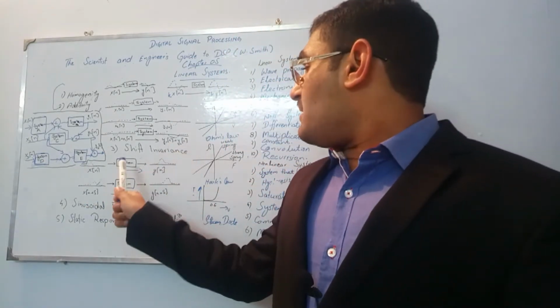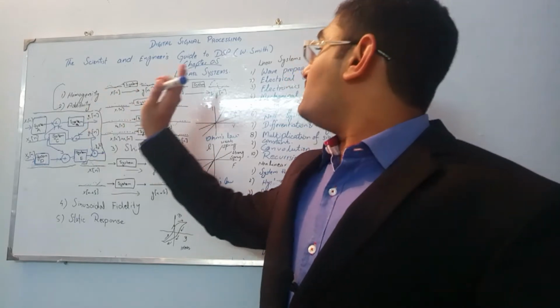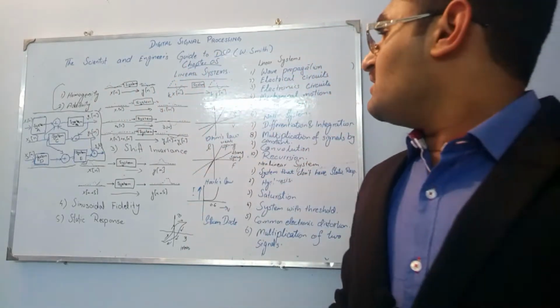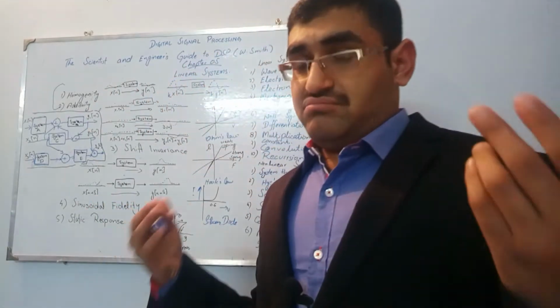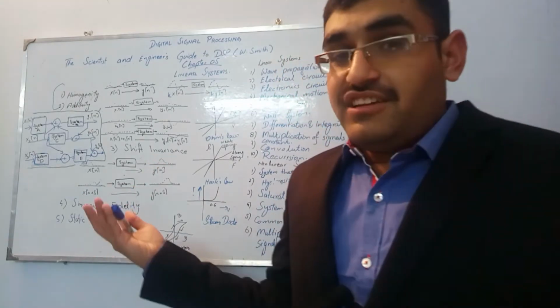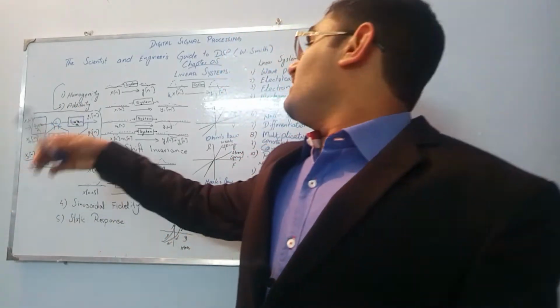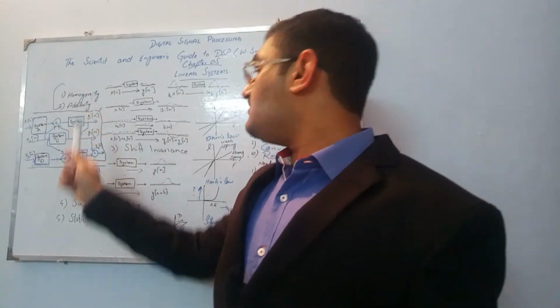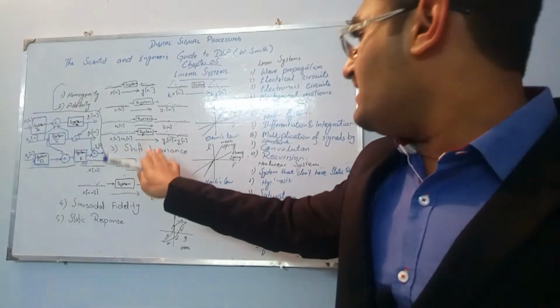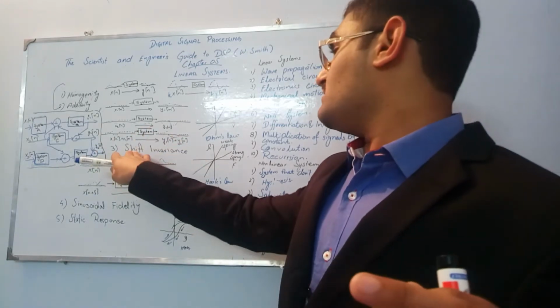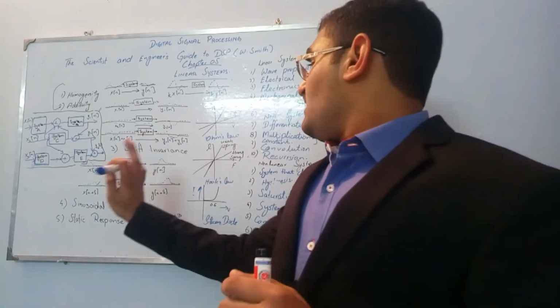These are the requirements of a linear system. If we are checking whether a system is linear or not, we have to check whether it is homogeneous and whether it follows additivity. Then the third thing that we have to check is shift invariance.